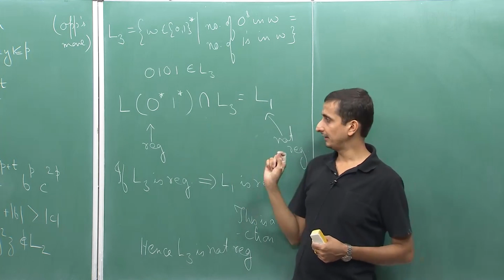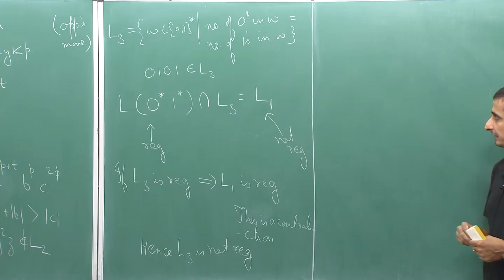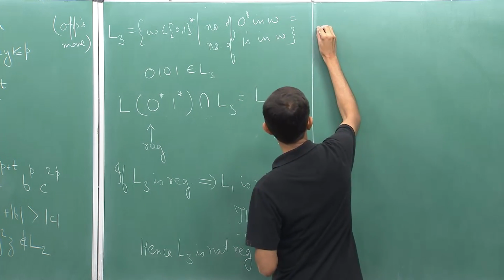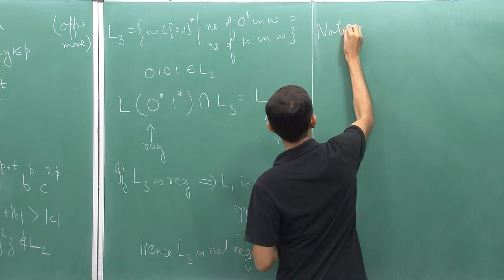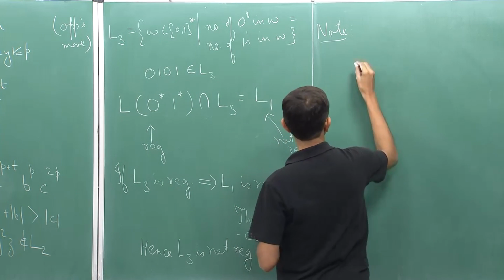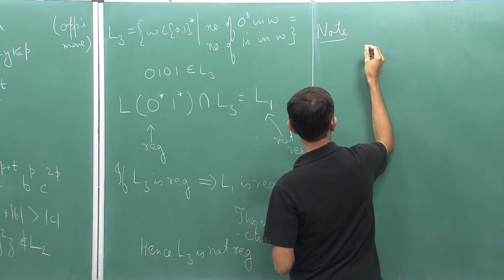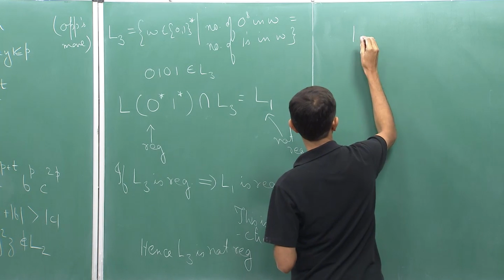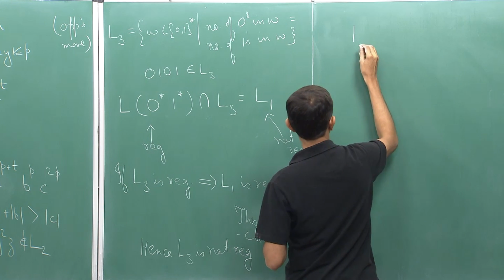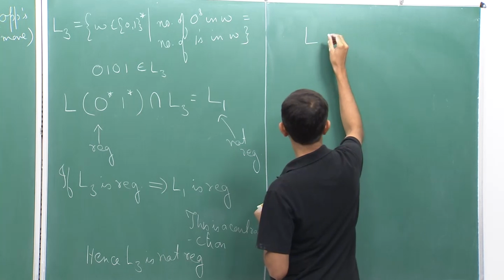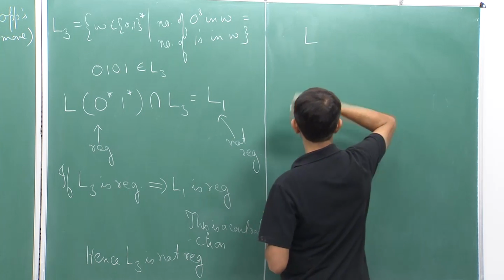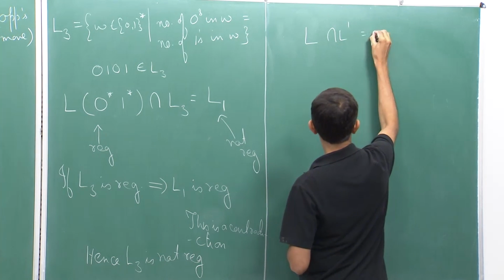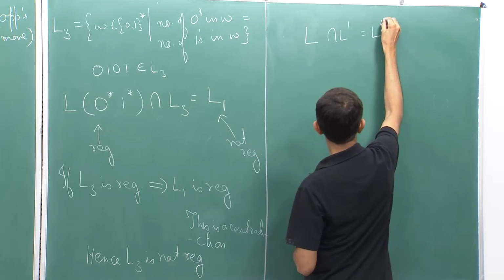But here a common mistake that beginners tend to make is the following. Suppose instead of this, we had some language L intersection with some language L prime giving, let us say, a language L double prime.